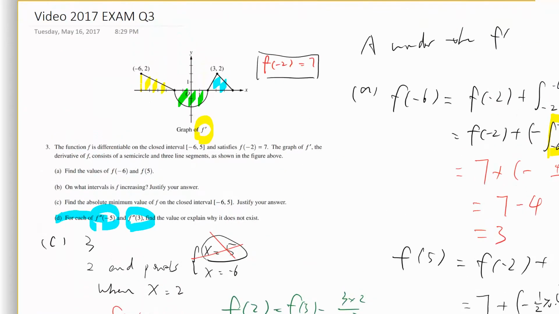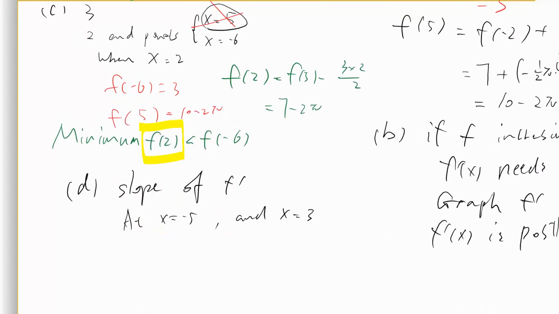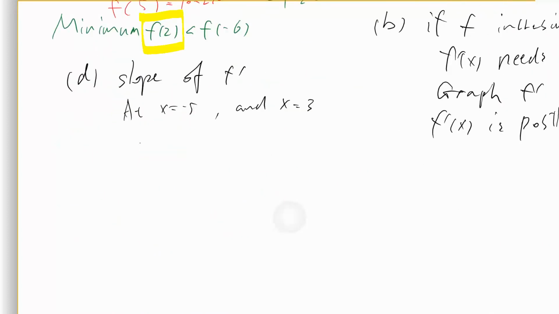When we first look at f double prime of -5, at -5 we're on a straight line, and we just need to calculate the slope of this line. The slope, rise over run, is 2 over 4, which gives us 1/2 as f double prime of -5.